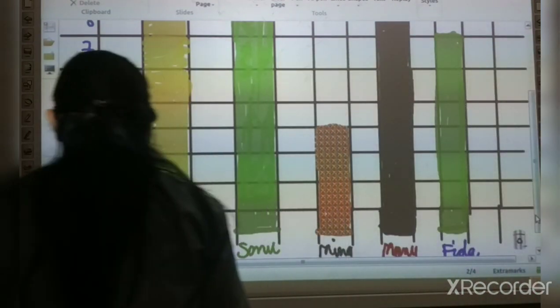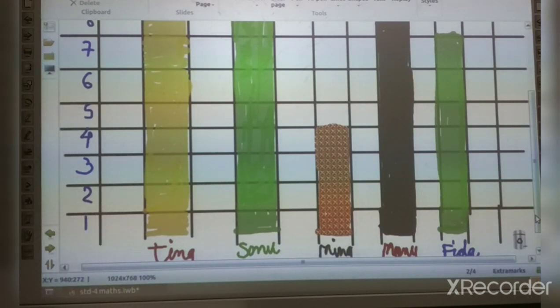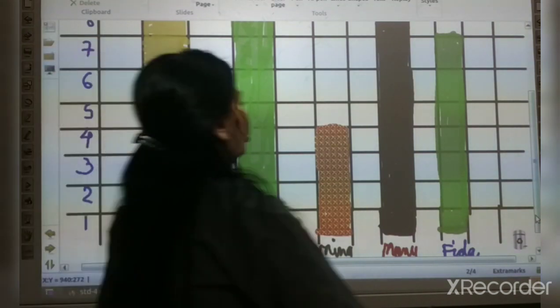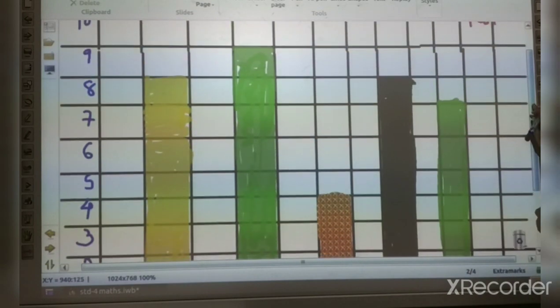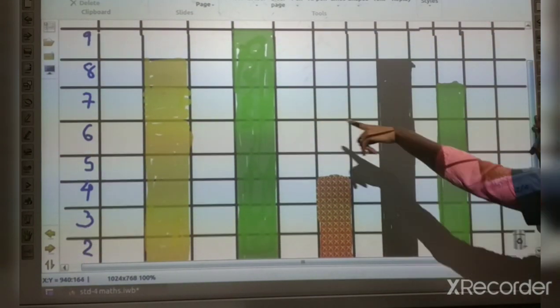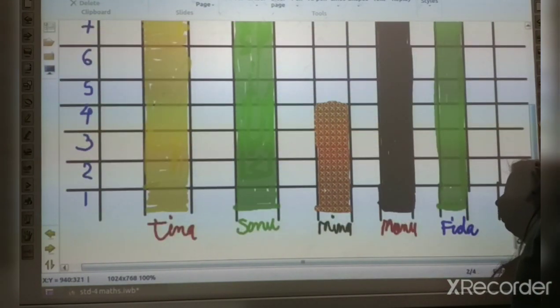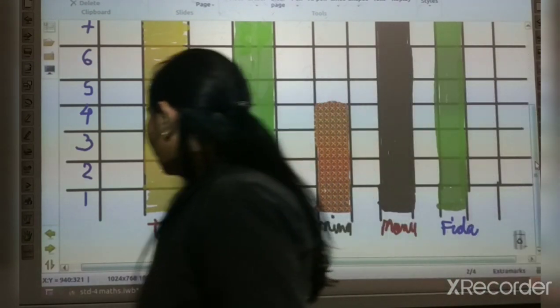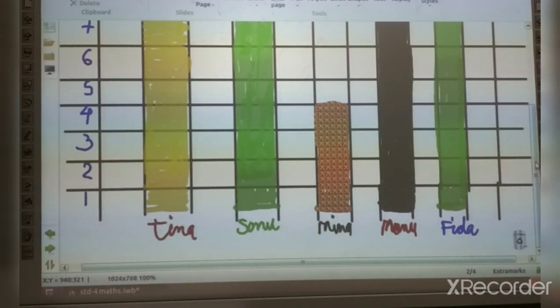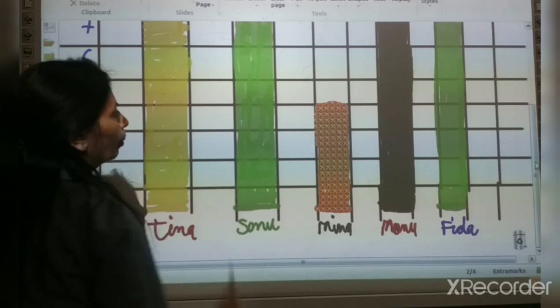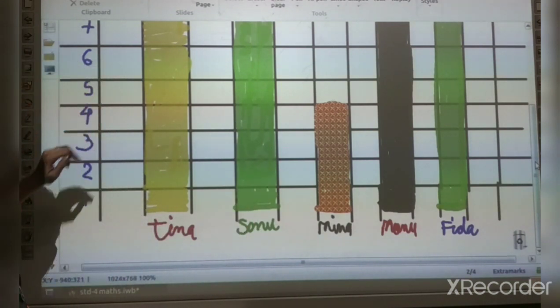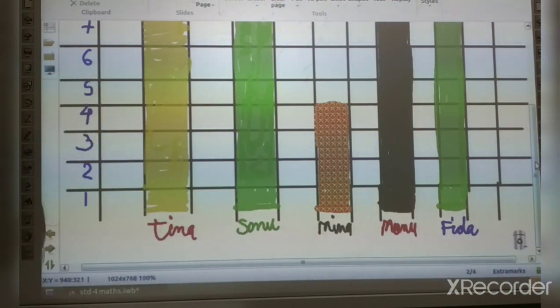Sixth, who scored the highest marks? 9 is the most, so Sonu got the highest marks. Seventh, who scored the lowest marks? Look here, Meena, only 4 marks.